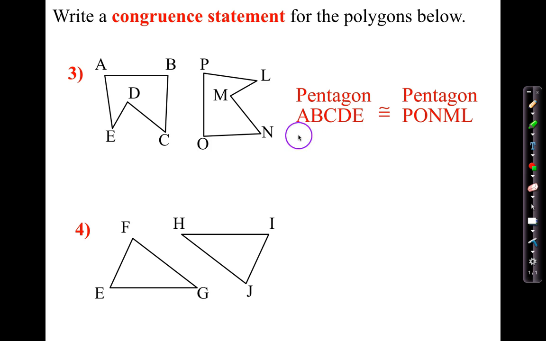C, D, E, A, B is congruent to N, M, L, P, O. Or you could have gone backwards and said, for example, B, A, E, D, C is congruent to O, P, L, M, N. So please understand there's more than one answer, as long as you're going in a successive order. Now for 4, I have triangle EFG as congruent to IJH.